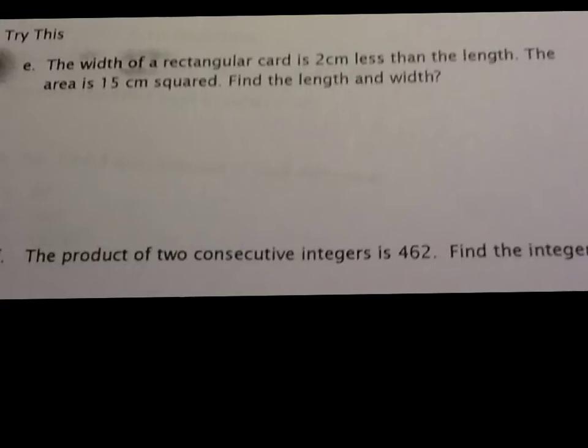Okay, so let's look at the first one. It says the width of a rectangular card is 2 centimeters less than the length. Okay, so it's based on the length, so L equals length, and then the width is the length minus 2. And it says its area is 15 centimeters squared.